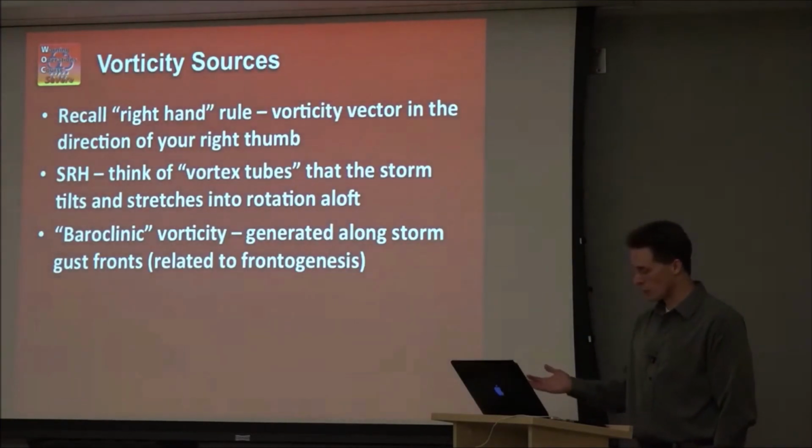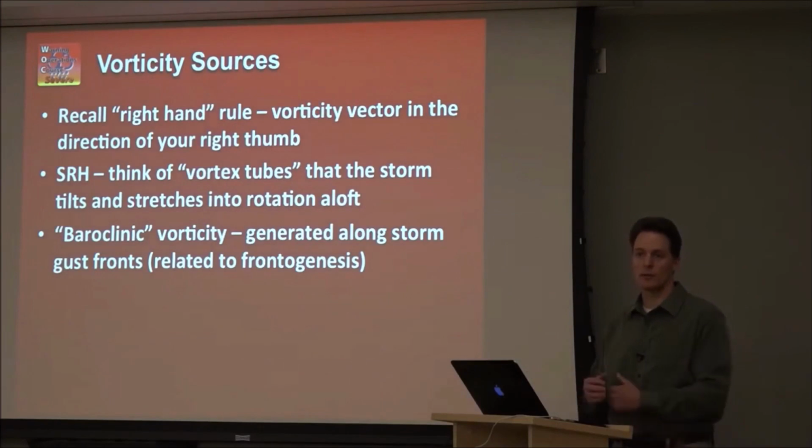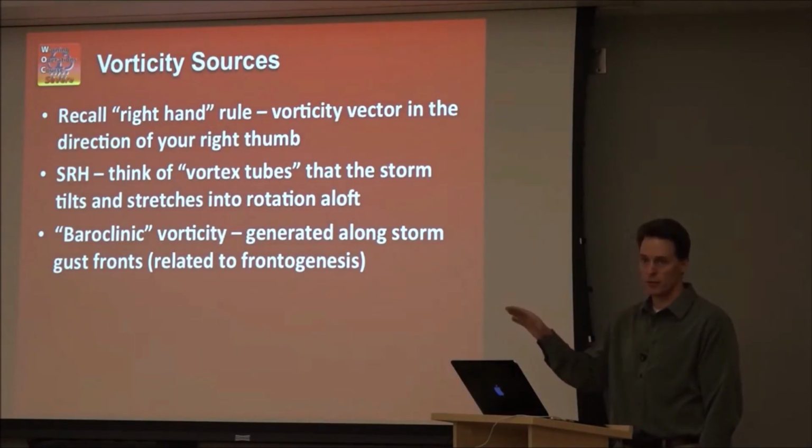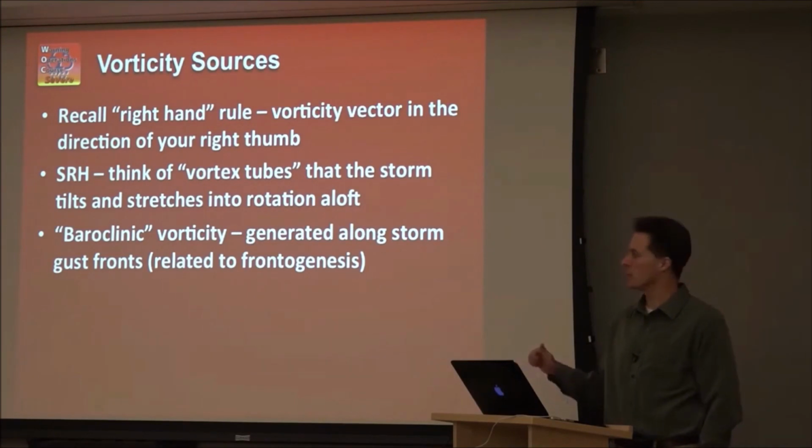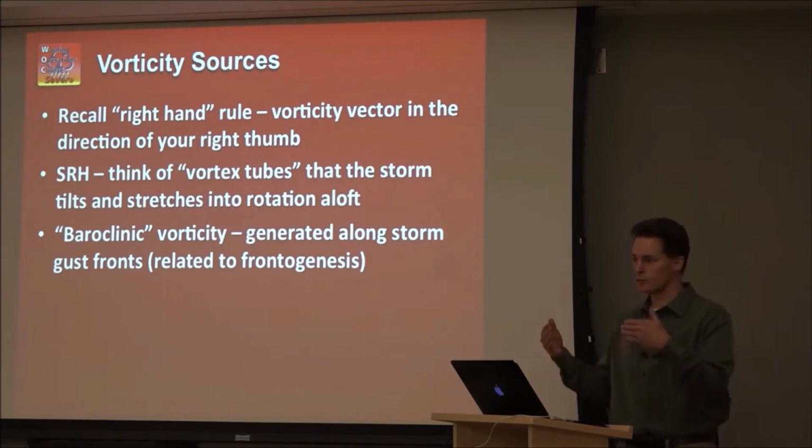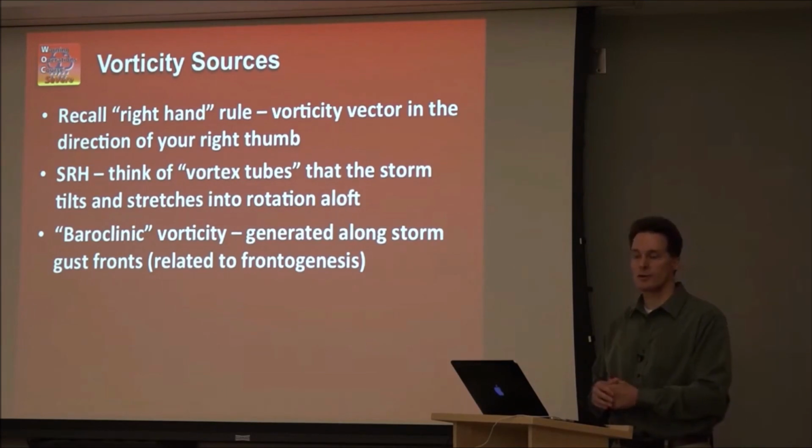Okay, we recall the right-hand rule from the previous lessons, where the fingers on your right hand curl in the direction of the shear as you move upward. Your right thumb points in the direction of the vorticity vector, and that's what we think of as the vortex tubes, which is a reflection of horizontal vorticity, which is tilted and stretched in the vertical to provide the rotation source for the mesocyclone.